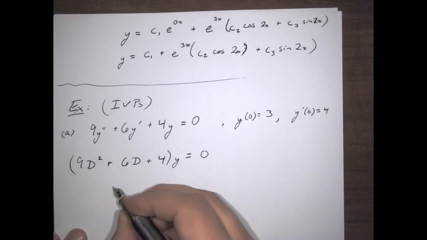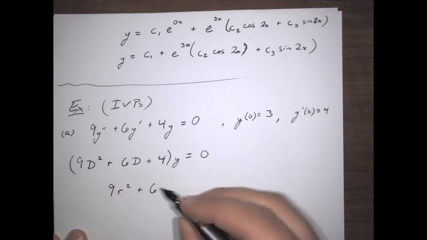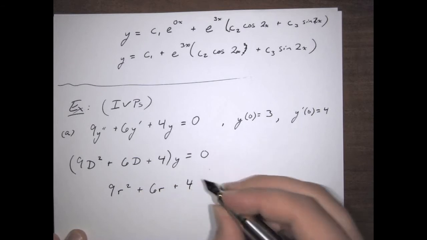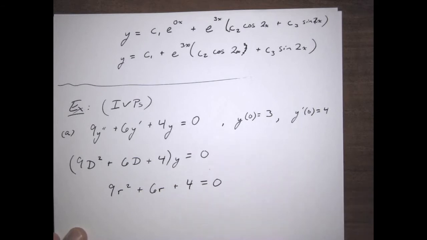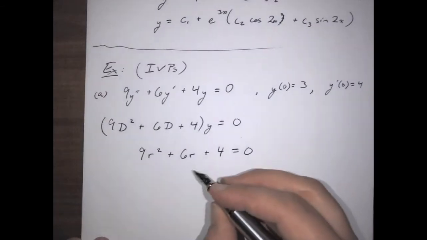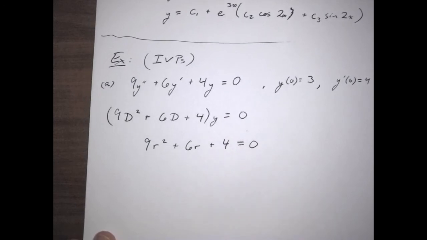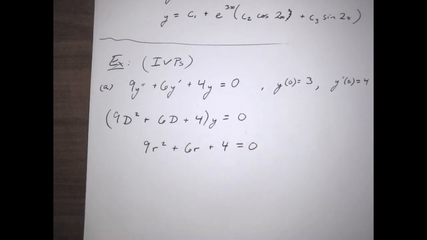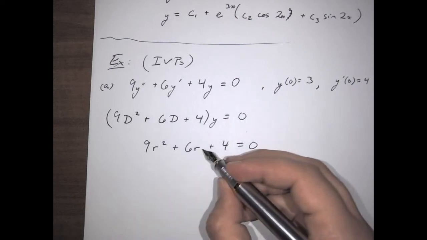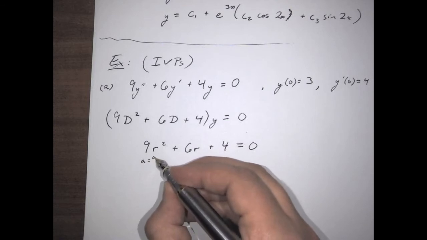And so then that's going to give us 9r squared plus 6r plus 4 equals 0. Now here we're not going to be able to factor this, so it's going to require us to do something fancier, for example, completing the square or perhaps the quadratic formula. So I'll just go ahead and go with the quadratic formula.